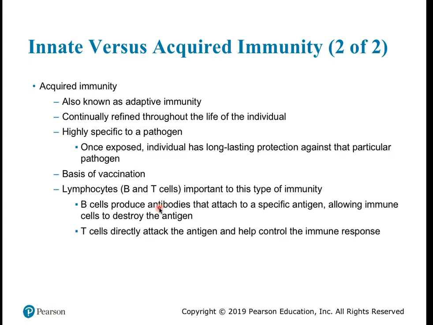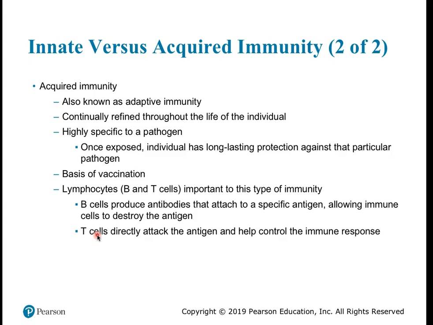This is a Y-shaped protein that has the ability to bind to a specific antigen and start a process which will eliminate the invader. The other major type of lymphocyte is a T lymphocyte or T cell. It receives its education in the thymus gland, which is near your heart.